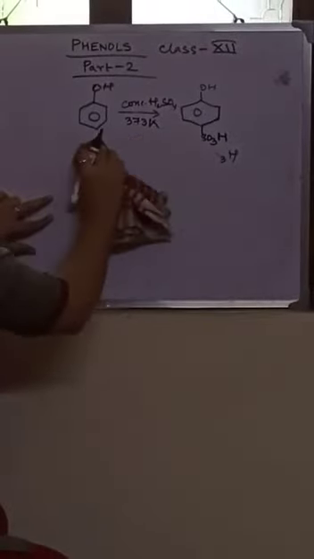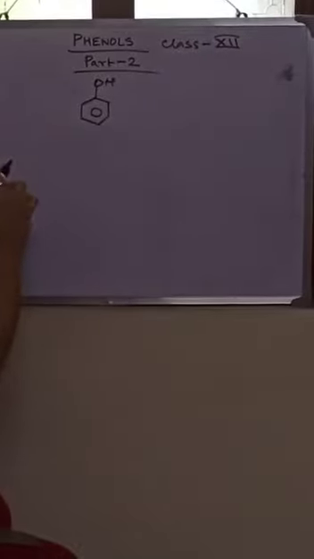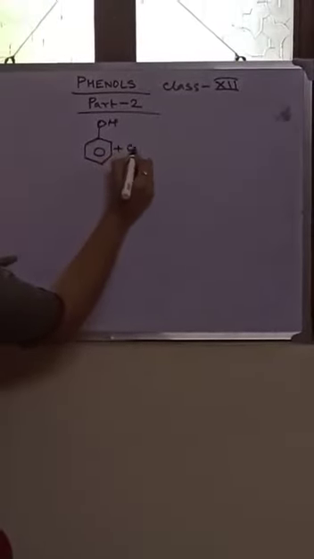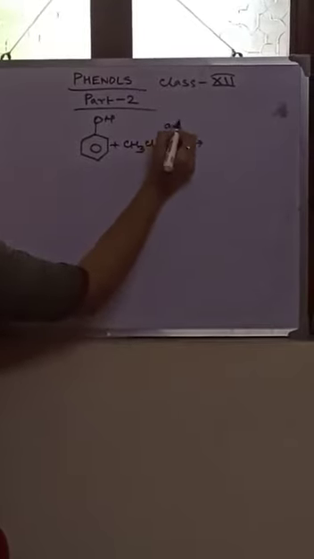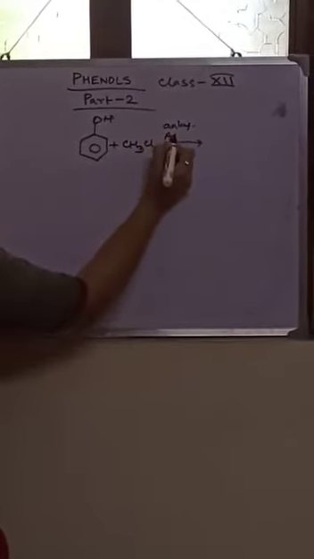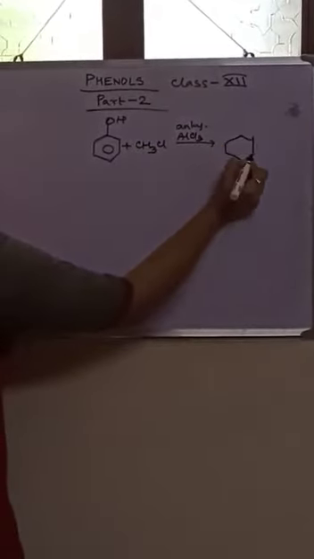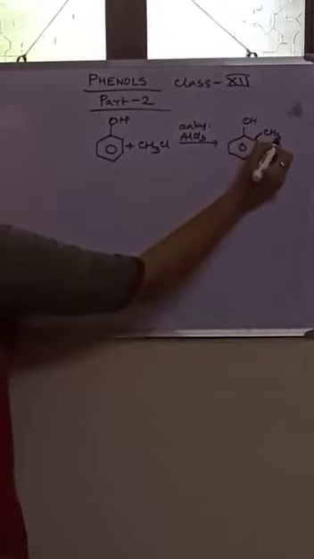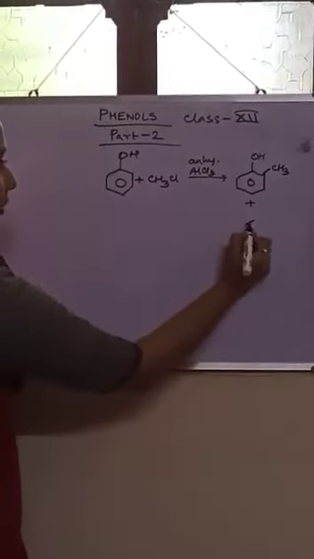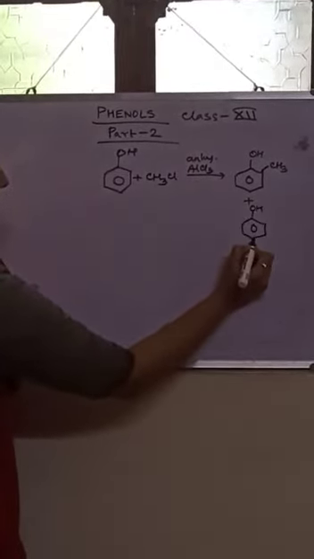Next I will come to alkylation, Friedel-Crafts alkylation. When phenol is reacted with CH3Cl in presence of anhydrous AlCl3, then we will get a mixture of ortho and para products.